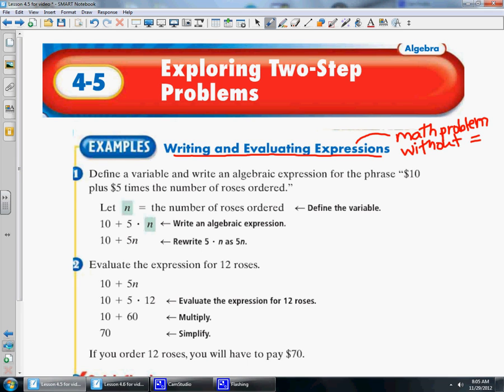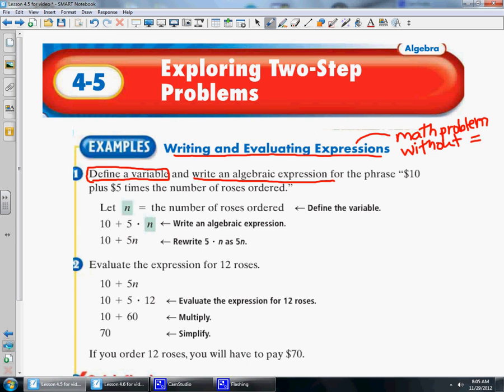So the first step when you write an algebraic expression is to define a variable. Once you define your variable, or say what your variable is going to be equal to, you are then going to write an algebraic expression.